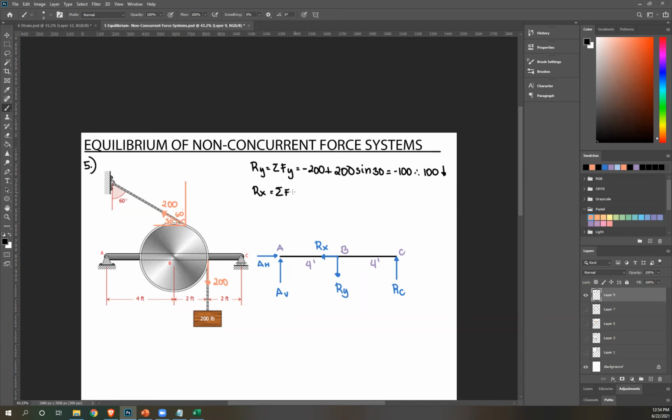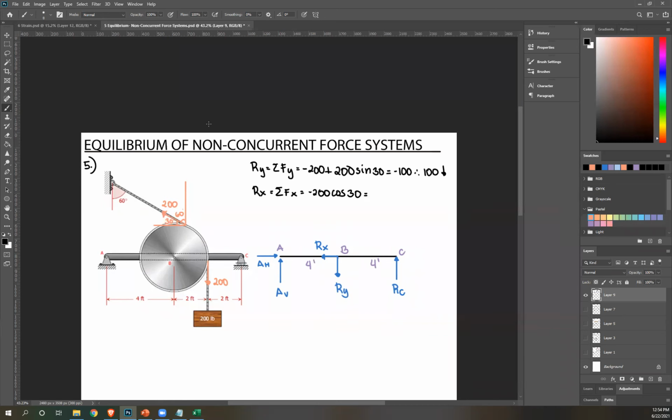Summation of forces X. So this is to the left. So negative 200 X component. So that's cosine theta. This doesn't have a horizontal component. So please solve what's Rx. Correct.